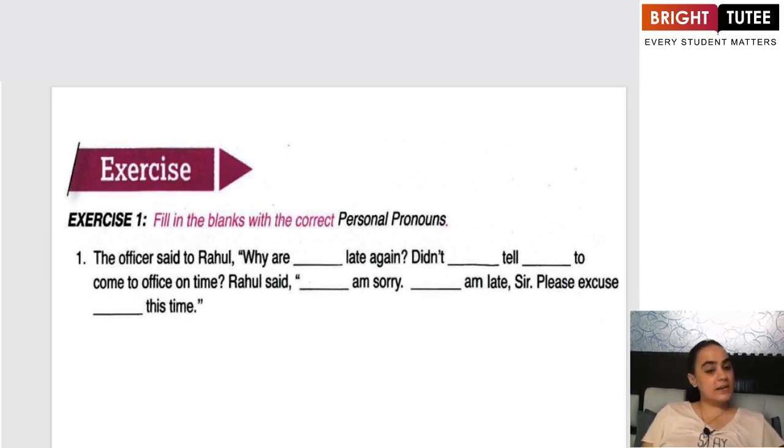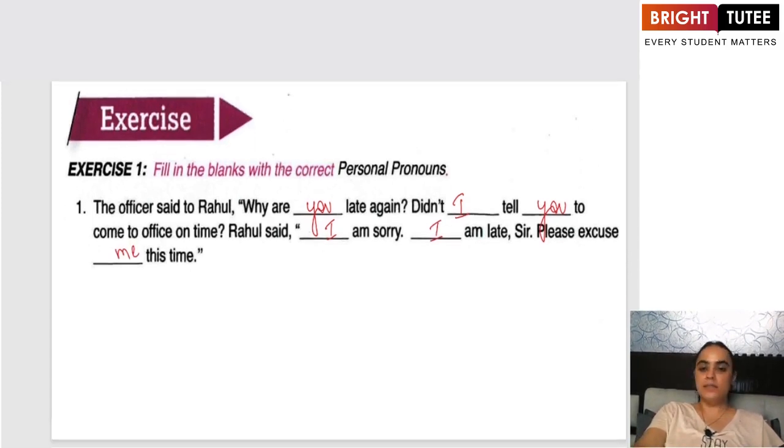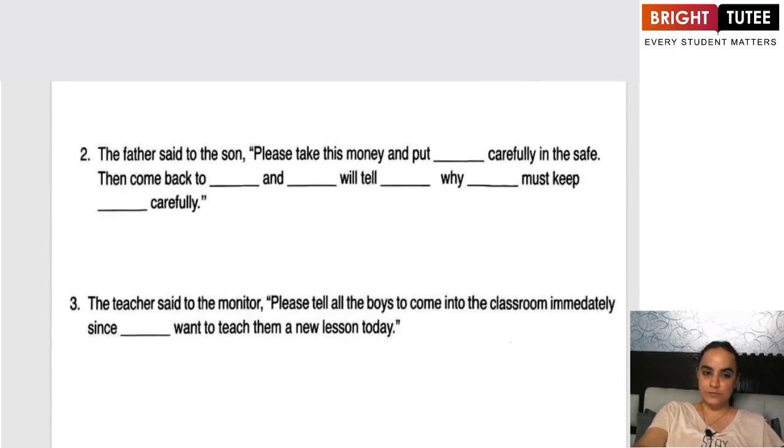The officer said to Rahul, "Why are you late again? Did not I tell you to come to office on time?" Rahul said, "I am sorry. I am late, sir. Please excuse me." These are what? These are my personal pronouns.